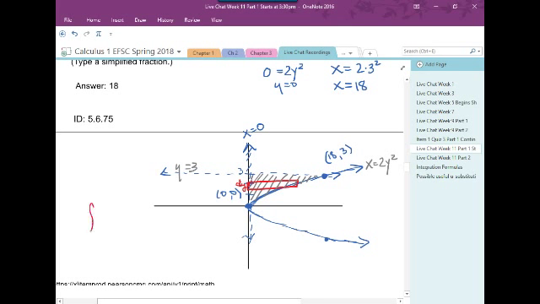So my integral, the dy takes care of the base, but I need to figure out a way of writing the height of the rectangle. Well, in this case, the height is easy. It's just going to be, no matter what random y value we pick here, we could find the height, the x value, by plugging into 2y squared.